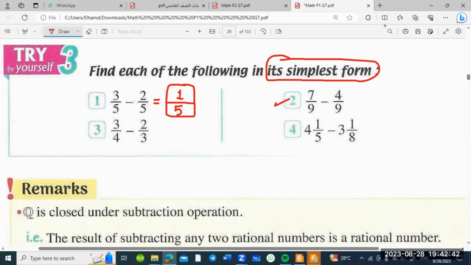Number 2: 7 over 9 minus 4 over 9. The denominators are the same. 7 minus 4 equals 3. So 3 over 9. Is 3 over 9 in the simplest form or not?